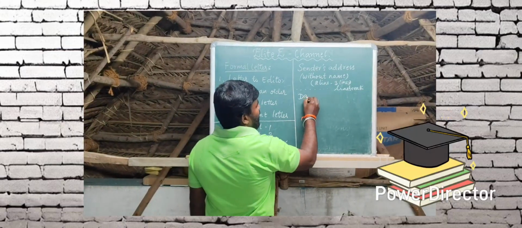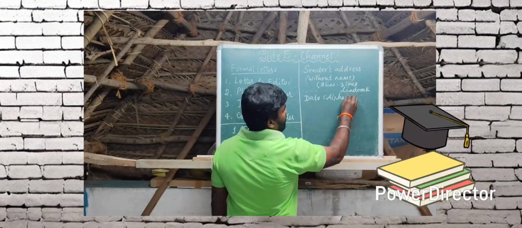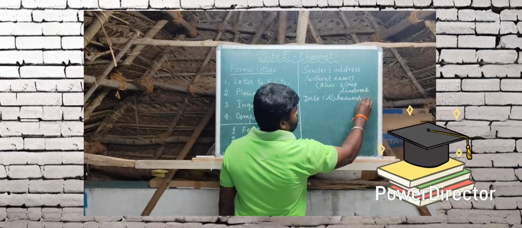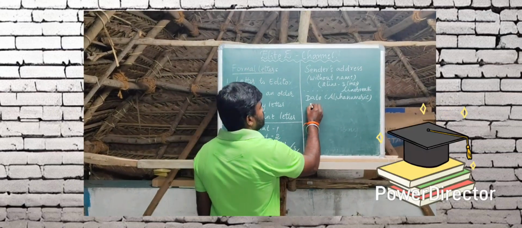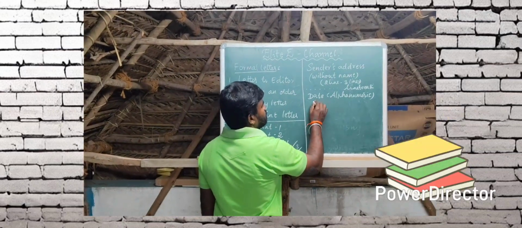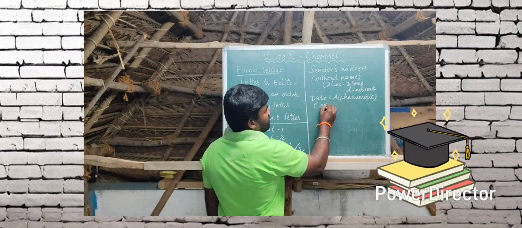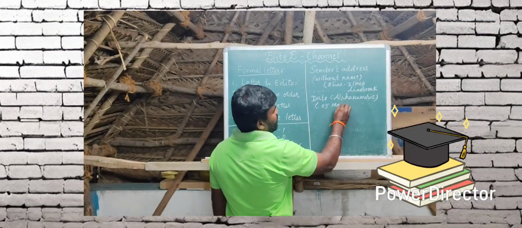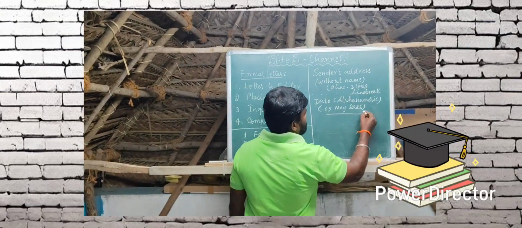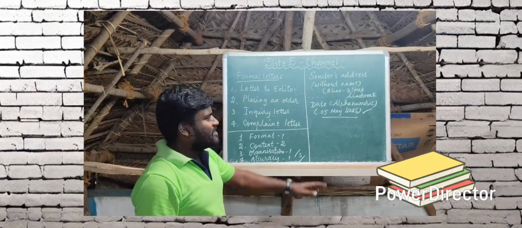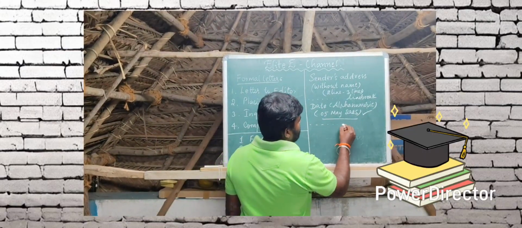Date must be in alphanumeric style. For example, today's date, say 5 May 2025. We must follow this pattern only. This is the alphanumeric pattern, followed by a line break.